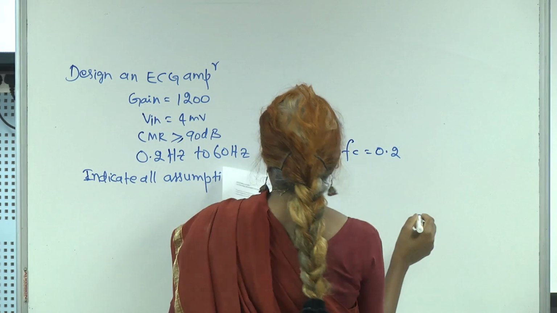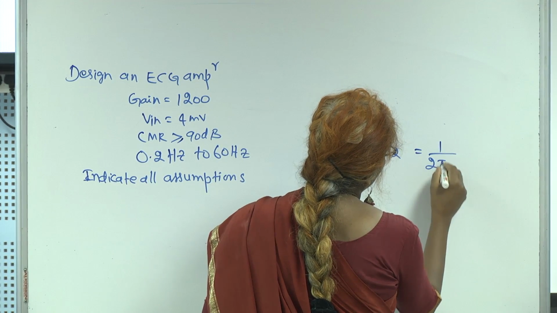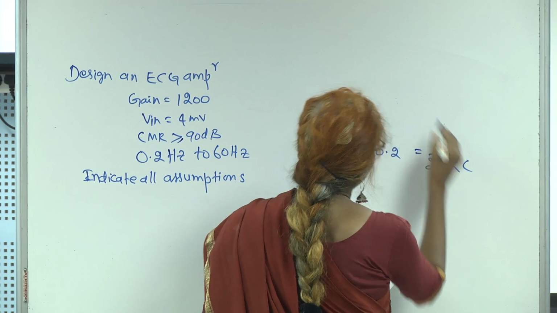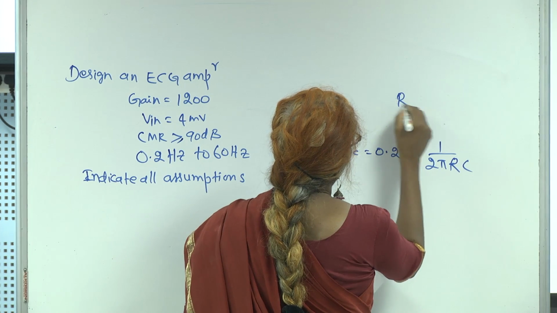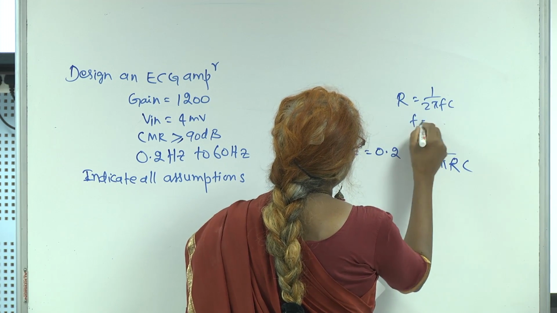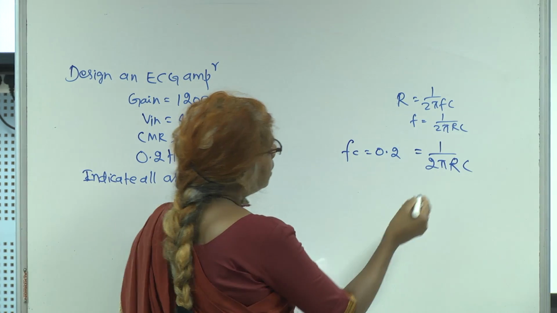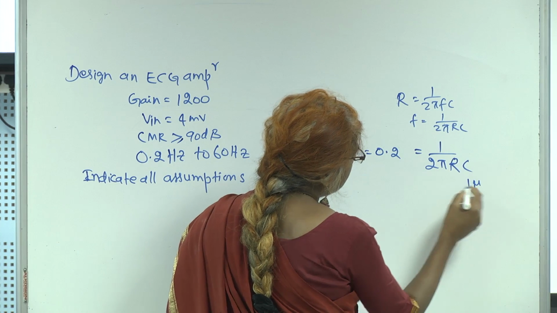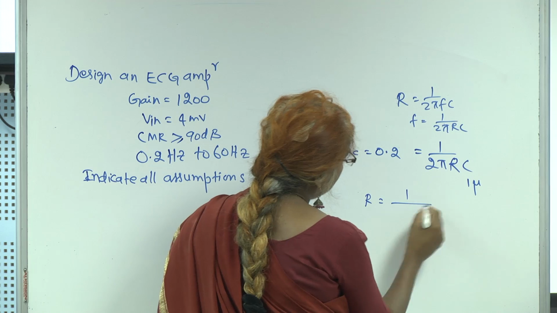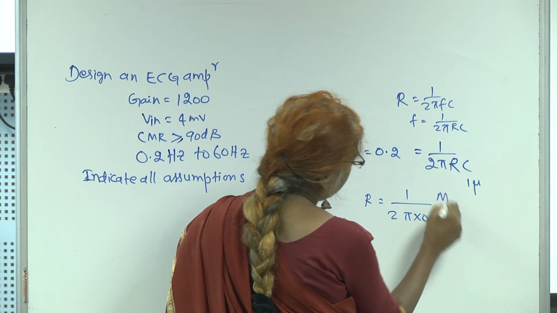No, it's 0.2, correct? 0.2 is 1 over 2 pi RC, correct? R equal to 1 over 2 pi Fc, F equal to 1 over 2 pi RC. So you put C equal to 1 microfarad, or equal to 1 over 2 times pi times 0.2 times 1 meg ohm, correct?